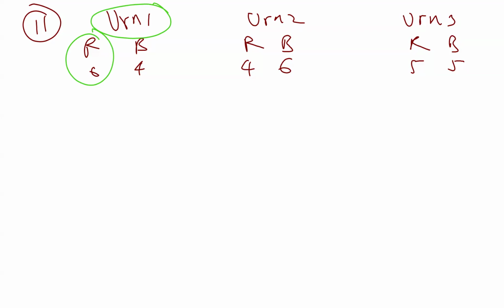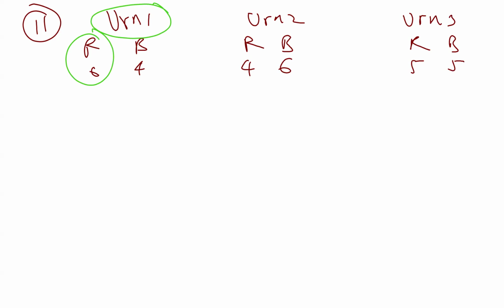Now see, any urn is selected at random. It can be the first urn, second urn, or third urn, so you can multiply this by 1 by 3. That's fine. Even if you don't, that will be fine because it will get cancelled in any case.